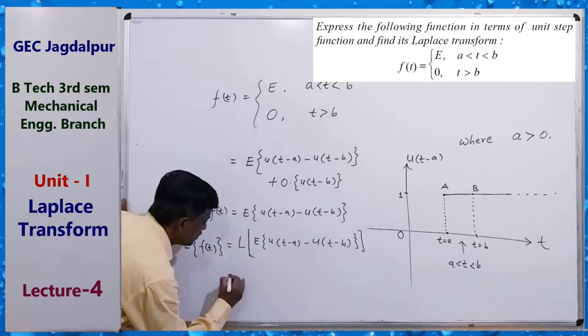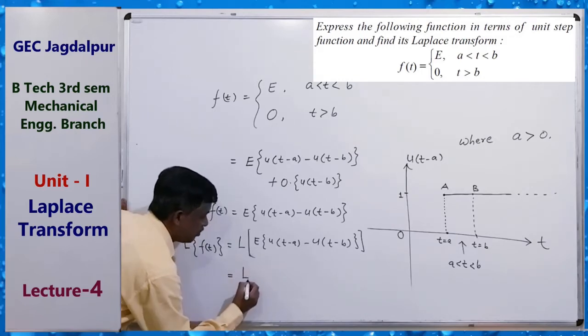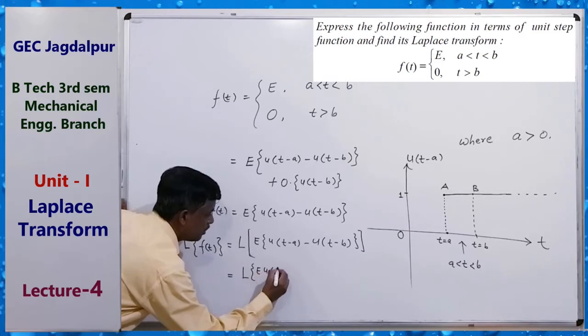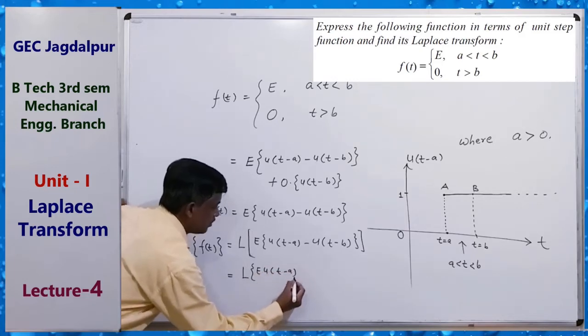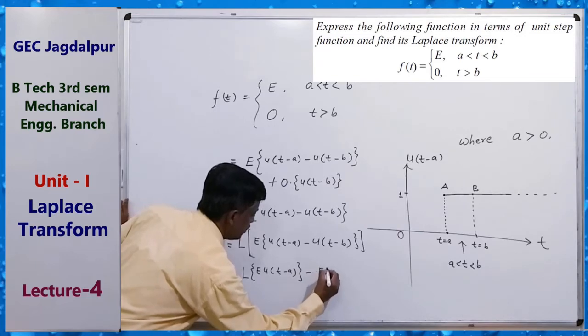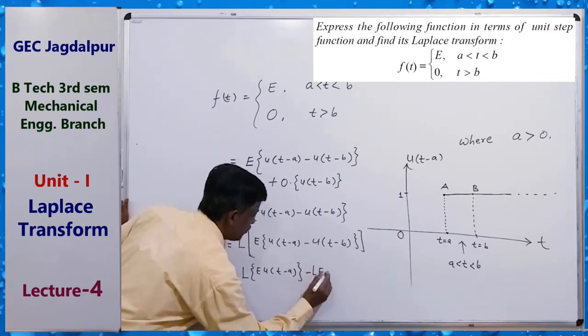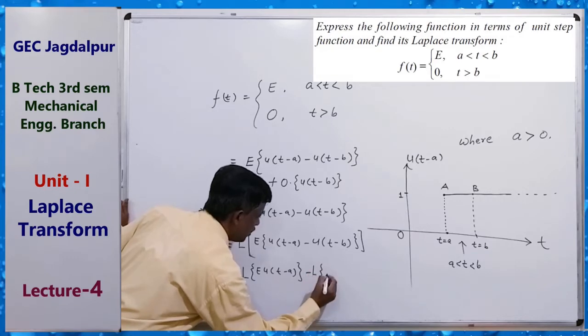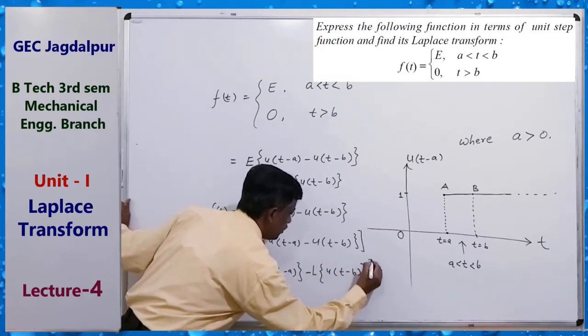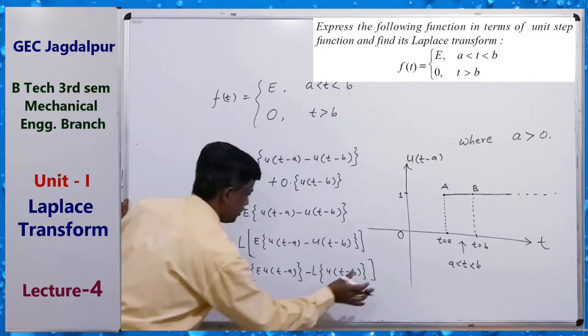So this is equal to the Laplace transform of E u(t-a) minus E times the Laplace transform of u(t-b).